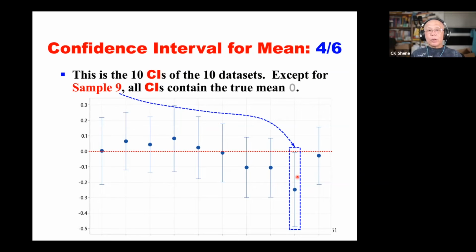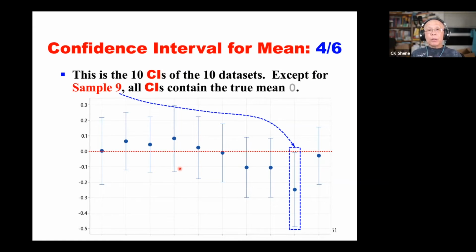If you choose it small, the population mean may escape. Now, if you change the confidence level from 95% to 99%, this sample 9 would include the population mean. So hopefully you understand what confidence interval is and why we need a confidence level.